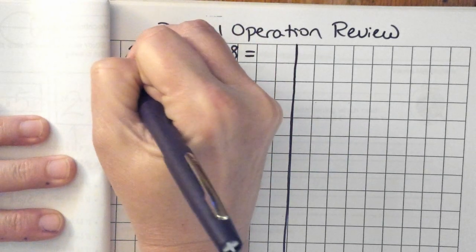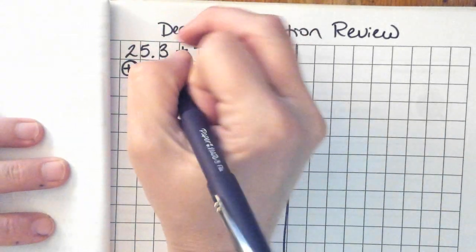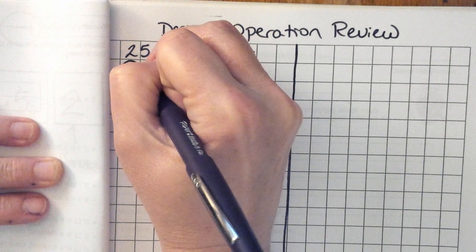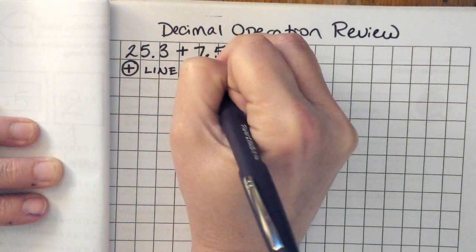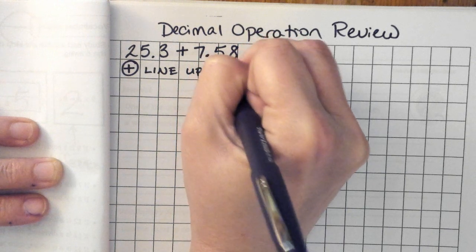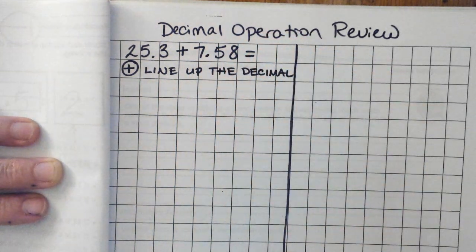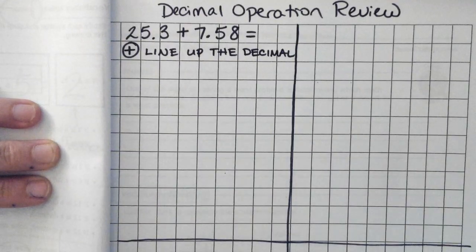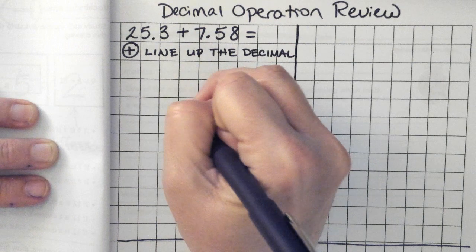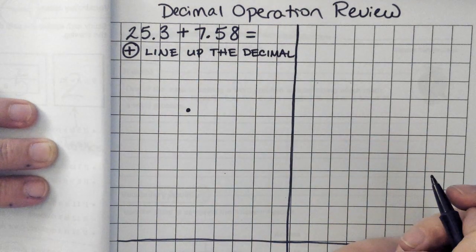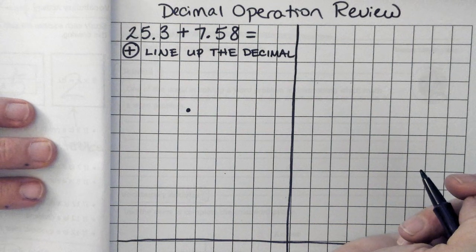Down here, write the plus sign. And then you're just going to make a note for yourself that when you are adding decimals, you line up the decimals. Okay? All right, and because I've got this cool grid paper, I'm going to come down a couple of spaces, and I'm actually going to give the decimal its own grid box.